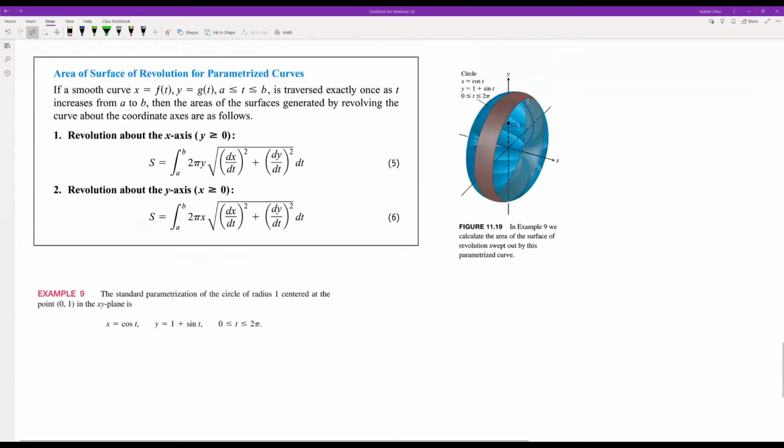Imagine you have a disk sitting on top of a stick, and you rotate that disk around that stick, like what we have seen in the picture. We revolve about the x-axis, meaning we use the first formula.